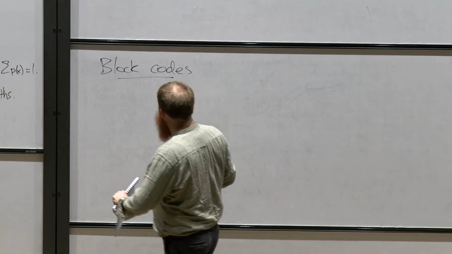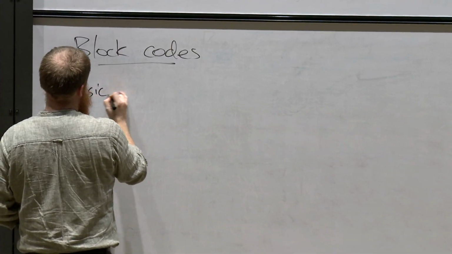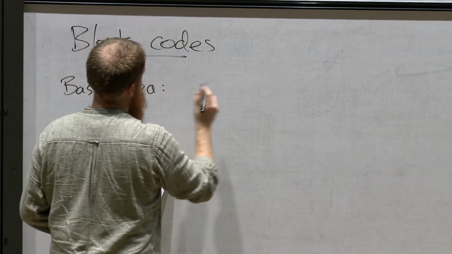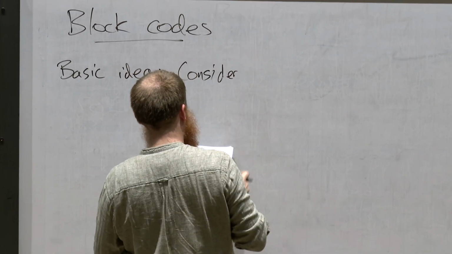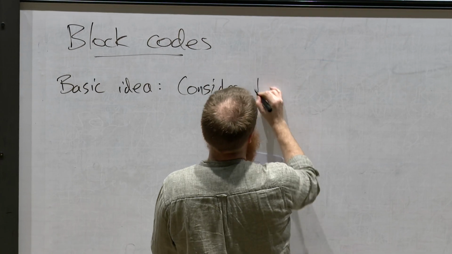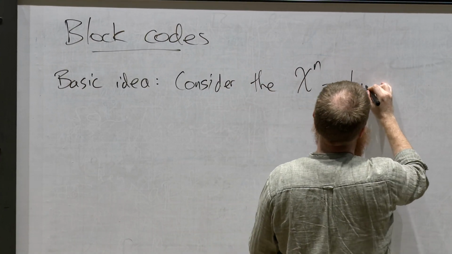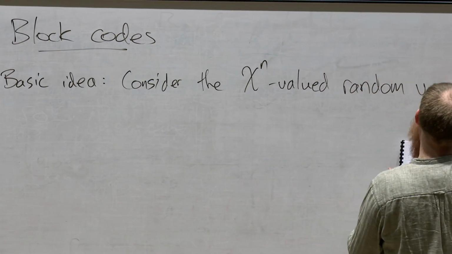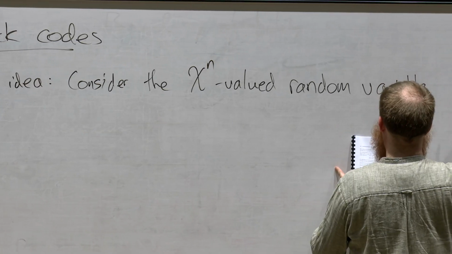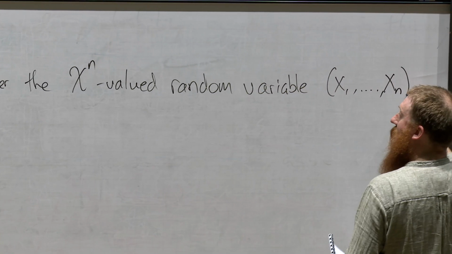Okay, so the basic idea: consider the X^n valued random variable which is given by X1 through to Xn.